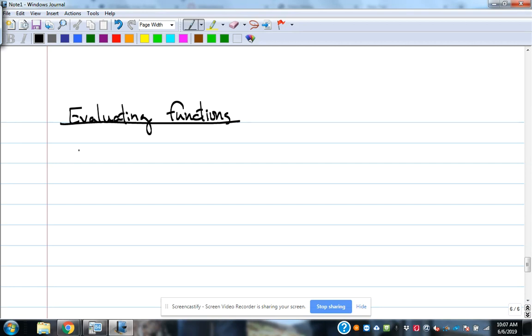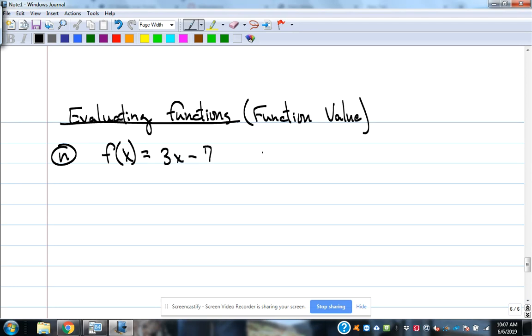Evaluating functions, you might also see it called function value. Sometimes if you need some help with this and you Google evaluating functions, you might find videos that say function value. They're the same thing. So evaluating functions, really the easiest thing in this section. f of x is equal to 3x minus 7, and it asks us to find f of negative 2.